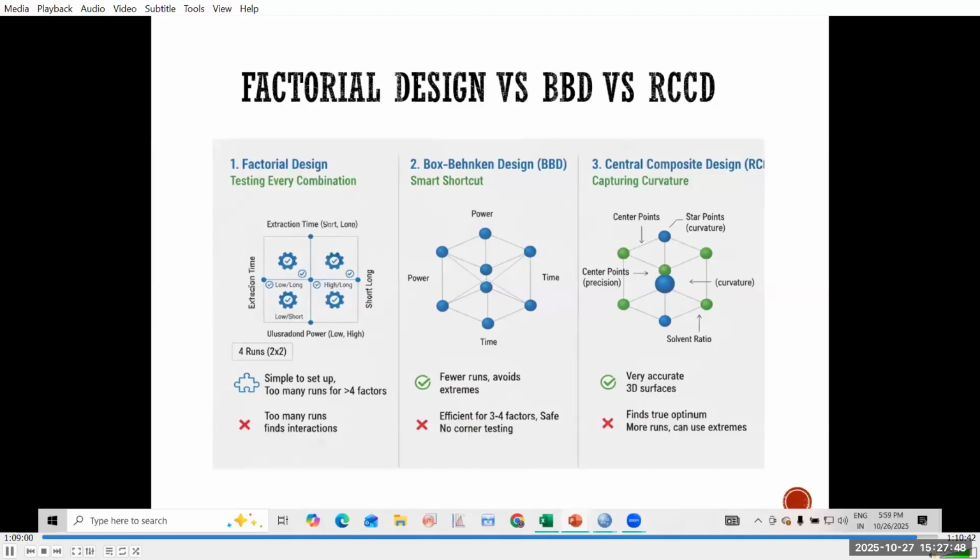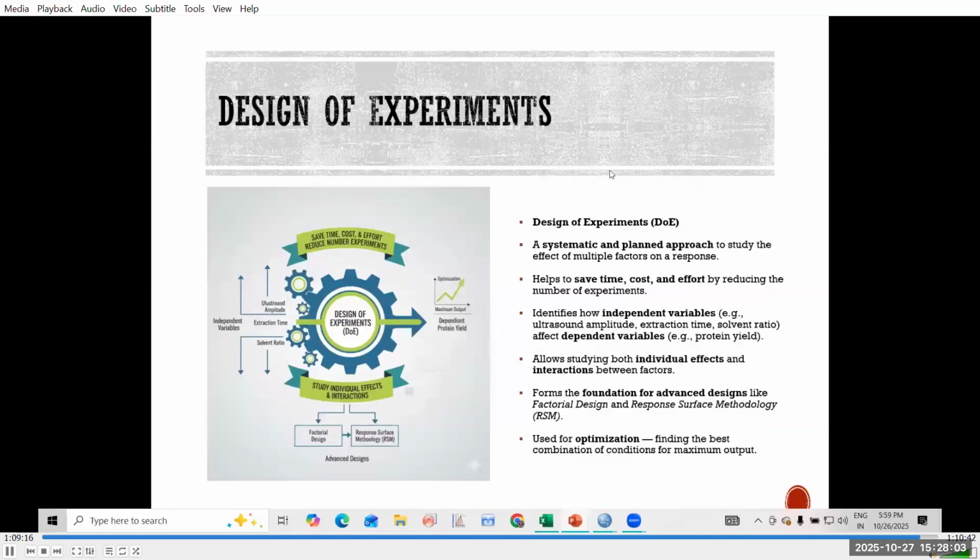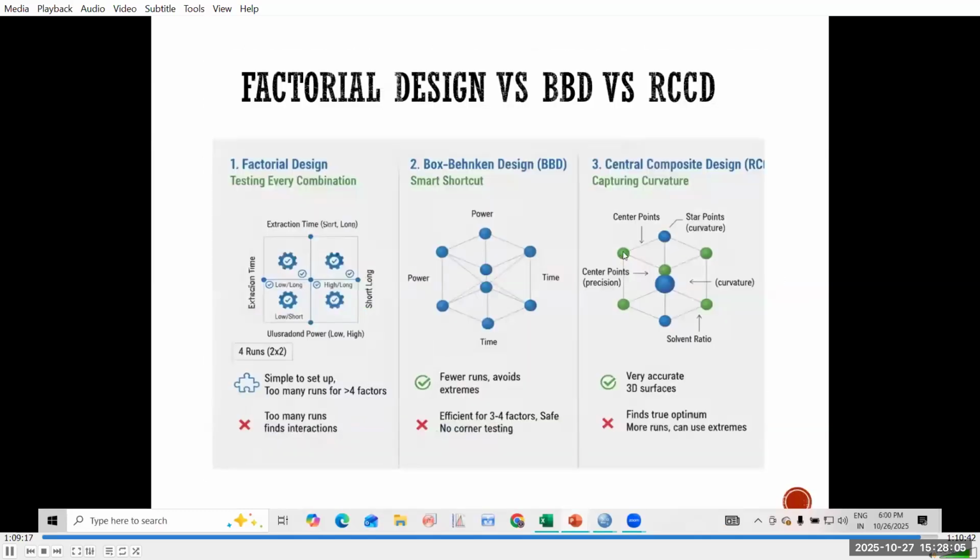The third one is the central composite design, as we commonly call it RCCD or CCD. It is a factorial design with extra points added, called the center or axial points, to better capture the curvature in the response.